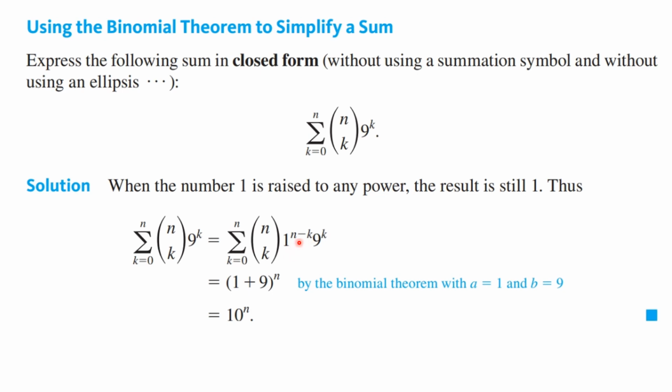That's always going to be 1, times 9 to the k. So you see this is always 1, so it's equal to this. But if I look at what this expansion is, this is really just 10 to the n.